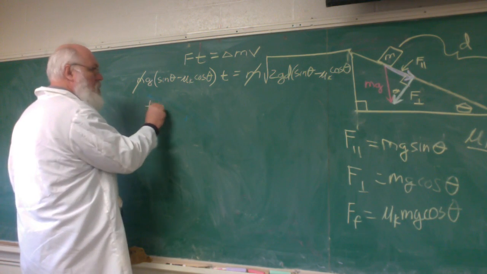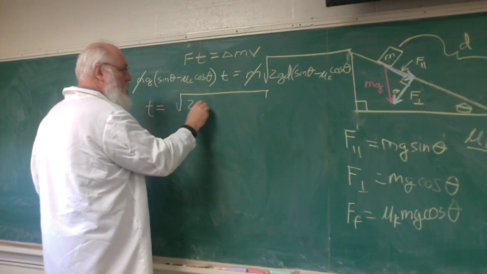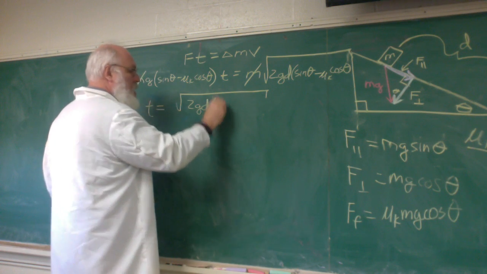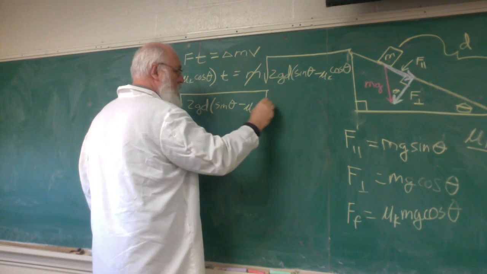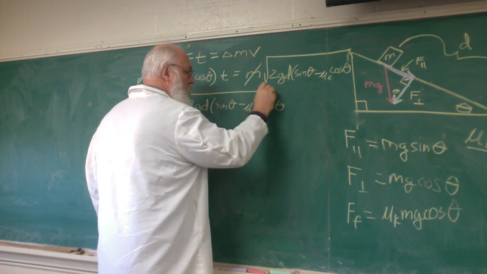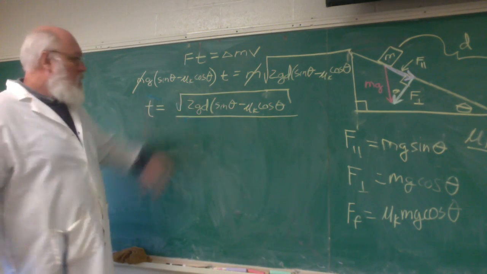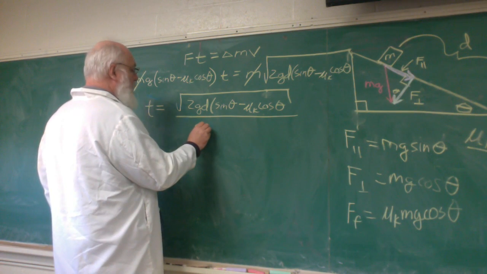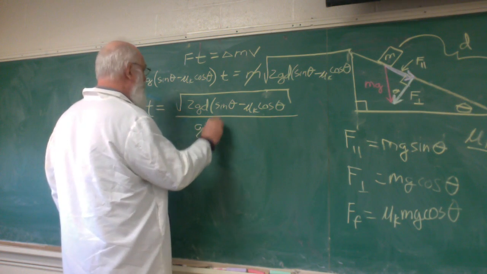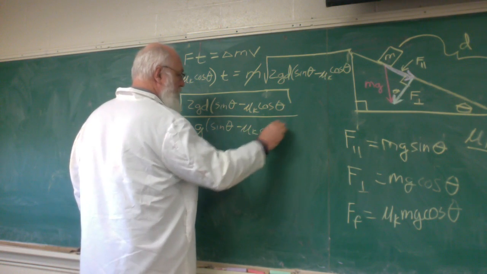T equals the square root of 2gd times (sine theta minus uk cosine theta), divided by this quantity here, which is g times (sine theta minus uk cosine theta).